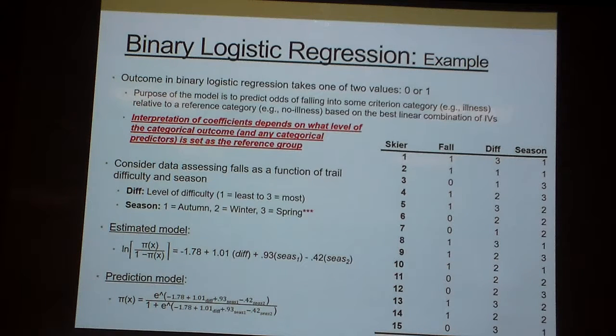But let's say we have a small model where we want to assess the probability of falling on a ski trail based on difficulty and what season we're talking about. The idea being that we've got a level of difficulty assessed on what we'll call a continuous variable.